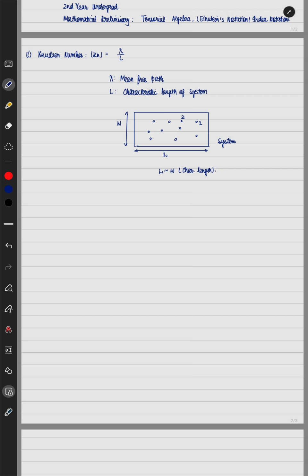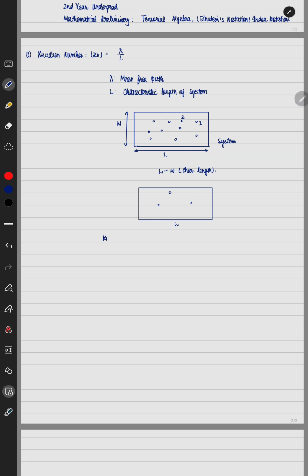Suppose I have this system and only 2 or 3 molecules in between. So the length that is traveled by a molecule before colliding may be of order L, and in that case I will get a very large Knudsen number. But generally for a very dense system, the length that is traveled by a molecule is much smaller compared to the system characteristic length, and in that case the Knudsen number is very small.